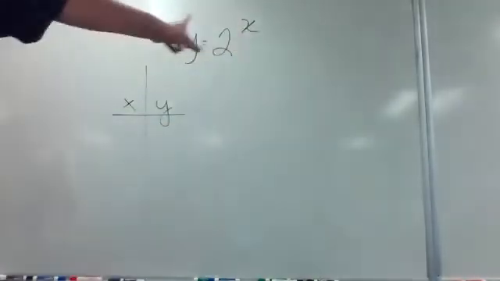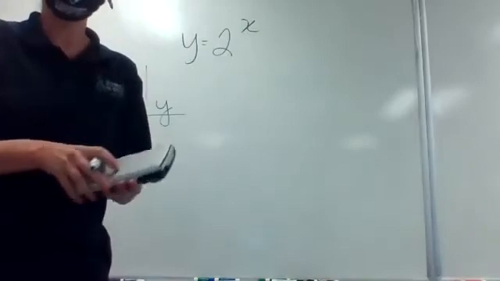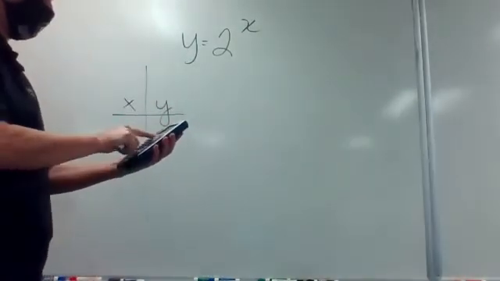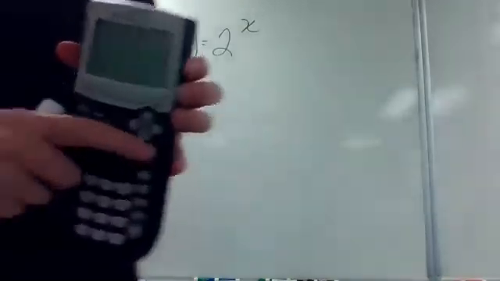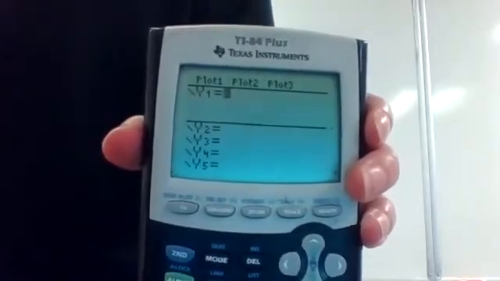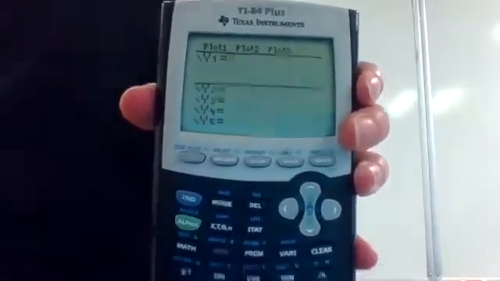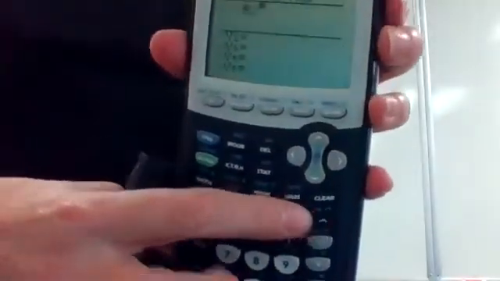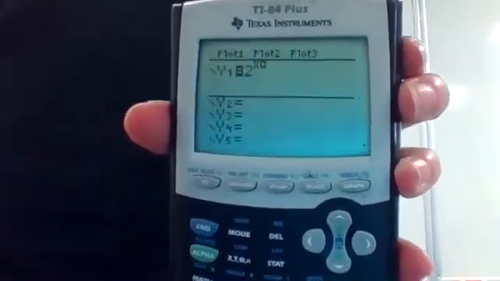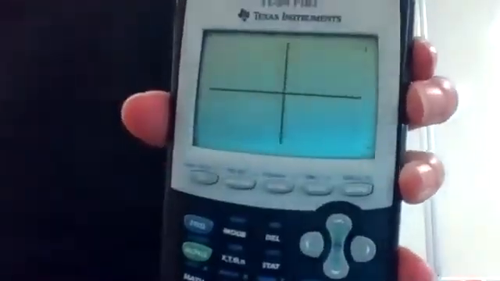Again, we can go ahead and put this in our y equals, right? So we'll just go to my y equals and clear out whatever's in there. And then you're going to type in 2 to the x power. So again, 2, and then remember that little up arrow to go up into your exponent, and then put the x in your exponent. So let's graph that and look and see what it looks like.